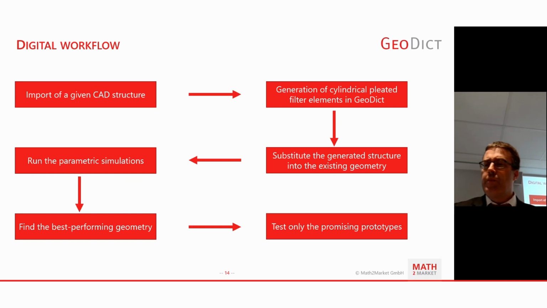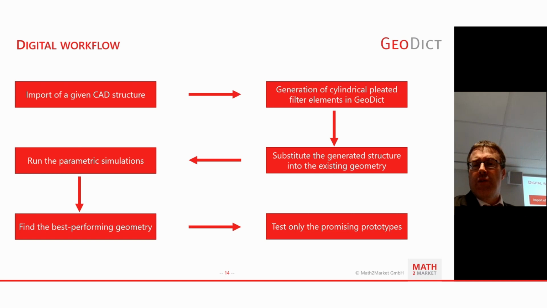And in the following, the parametric simulations are performed either on a workstation, sequentially, or in parallel using the new cloud computation capabilities, which came shipped with GeoDict 2023 and improved in usability in GeoDict 2024.